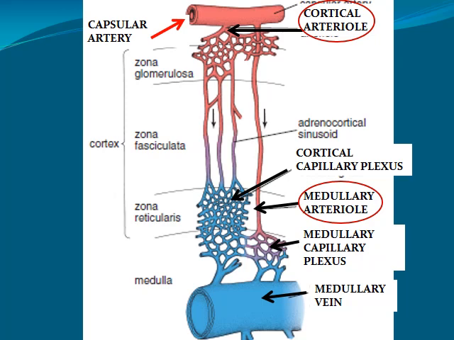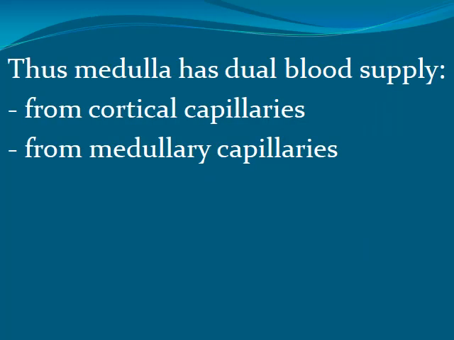Cortical arteriole divides into capillaries and then drains to the medullary vein, while the medullary arteriole passes through the capsule without dividing into arterioles, comes to the medulla part, then divides into many capillaries and then drains into the medullary vein. Thus, the medulla has dual blood supply from cortical capillaries and from medullary capillaries.